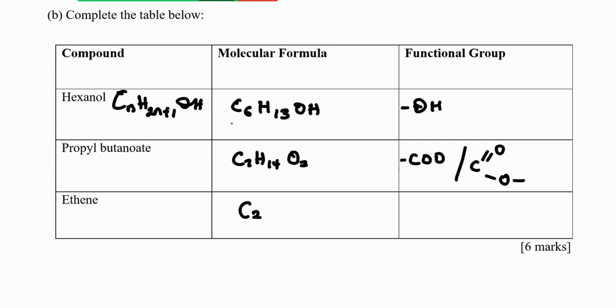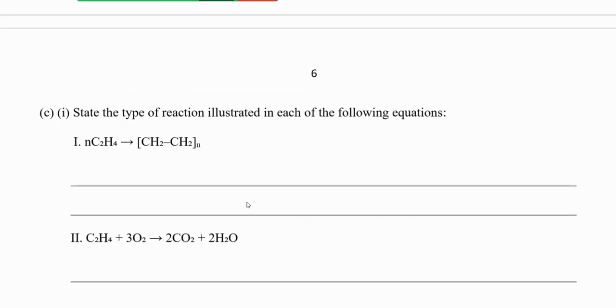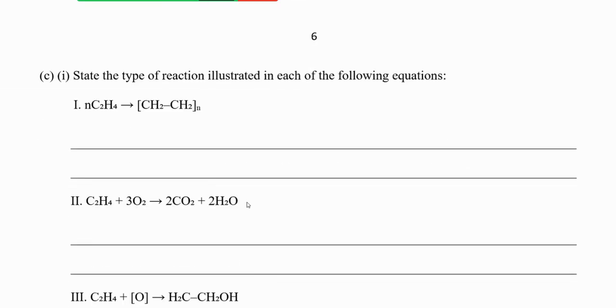Ethene is C2H4, and the functional group is a double bond. So we'll write the double bond between two carbons. For the general formula, we can use CnH2n.